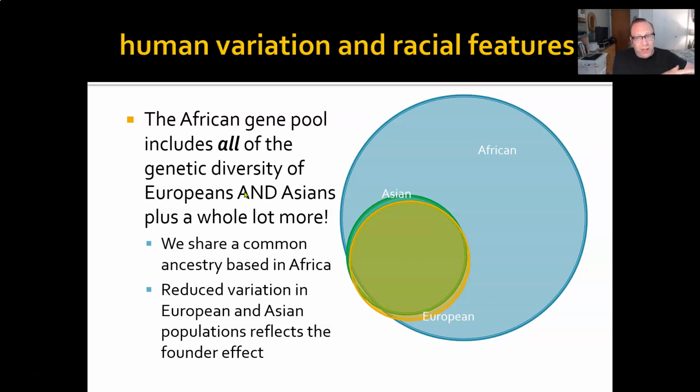So that means there's a whole lot of genetic diversity that didn't make it out. And so the founder effect means that both of these gene pools are going to be smaller and not represent all of African diversity. That's why we see much larger diversity in the gene pools on the continent of Africa today than we do in Europe or in Asia or in the Americas. Founder effect, okay? Migration happens.